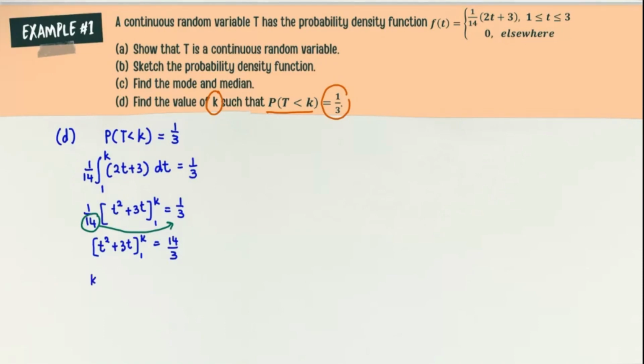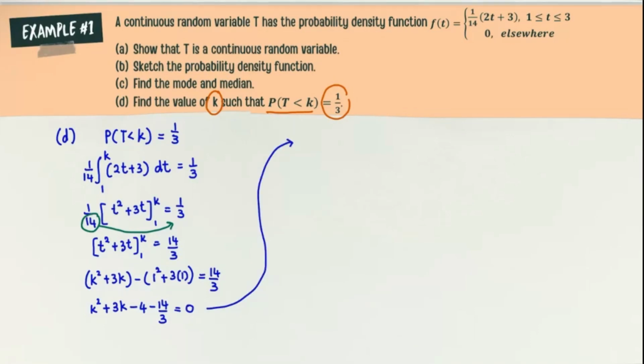Then it will be k squared plus 3k minus 1 squared plus 3 equals to 14 over 3. So k squared plus 3k minus 4 minus 14 over 3 equals to 0. So let's continue to this step.